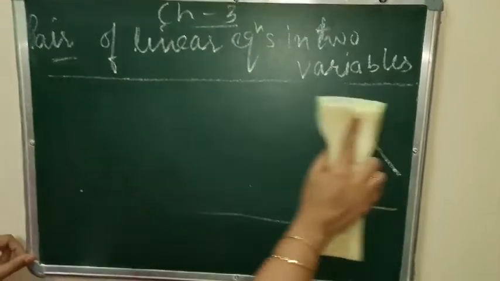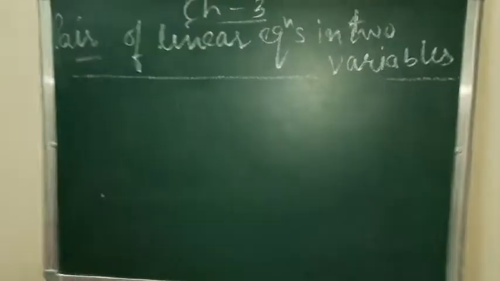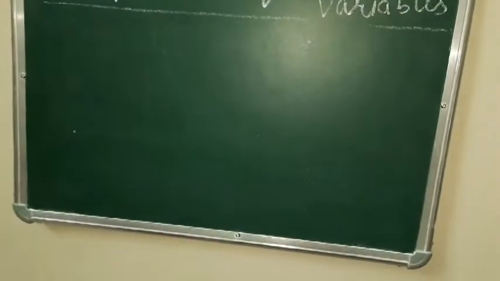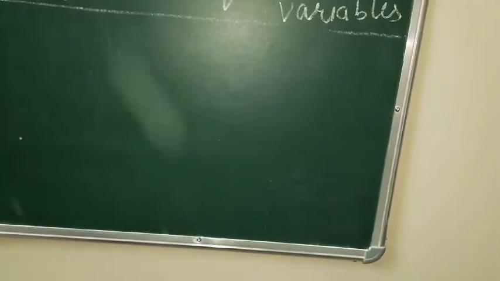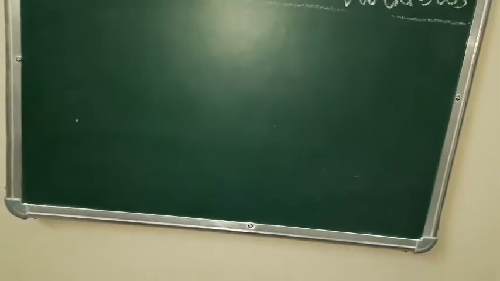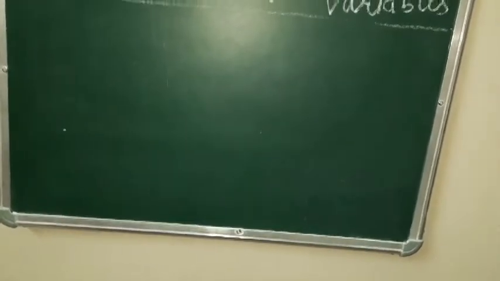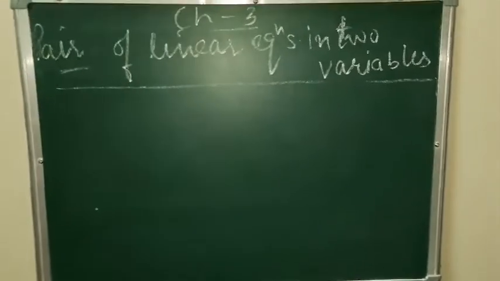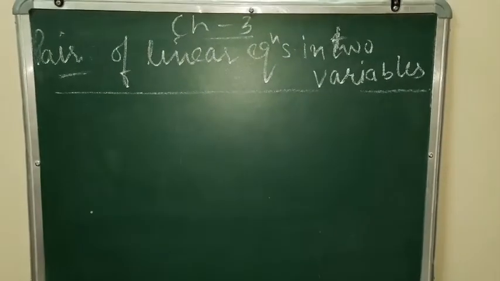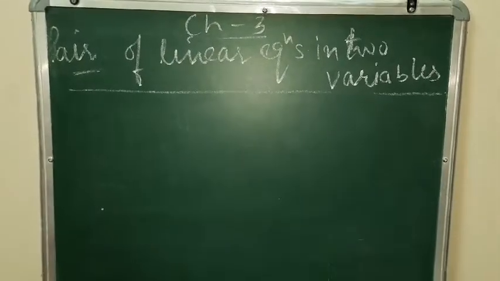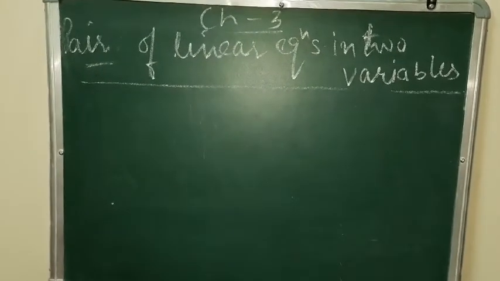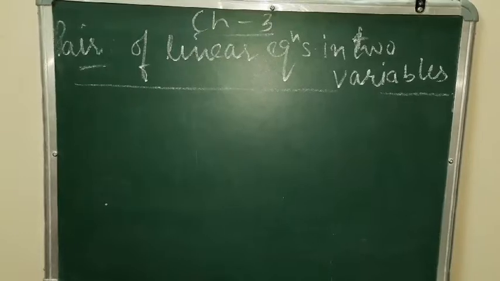So now we will be discussing a few examples, and for that we'll see which type of graph can be made out of it. Now let's have example number 1 of your book. For that we have to move to the page number, I think it is first part, 3.1.